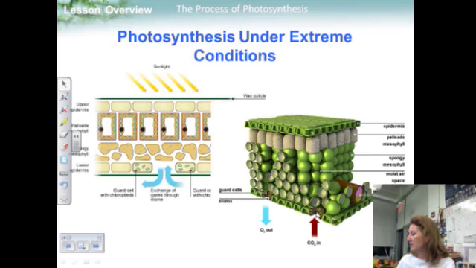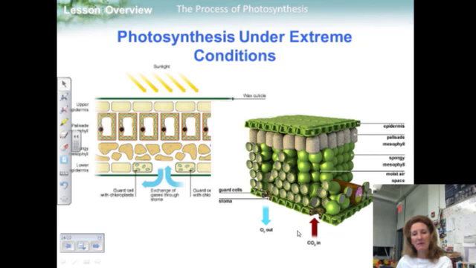CO2 can go in, and O2 out, or they can close. This causes the carbon dioxide within leaves to fall to very low levels, slowing down or even stopping photosynthesis. The 2 plants that we're going to talk about next are called C4 and CAM plants.